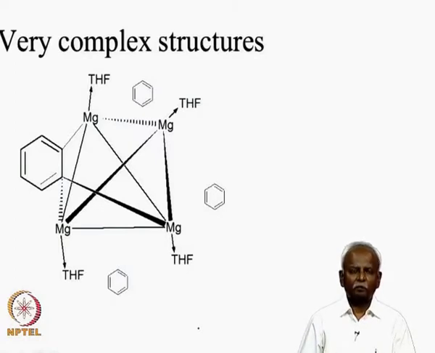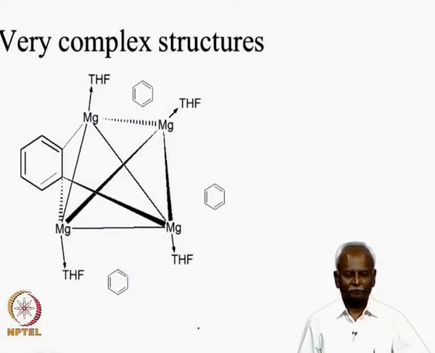The magnesium is in fact in a tetrahedral array, and each phenyl group is coordinated with 2 magnesium atoms, and this complex structure needs a lot of explanation, because you have a fairly difficult bonding situation here.